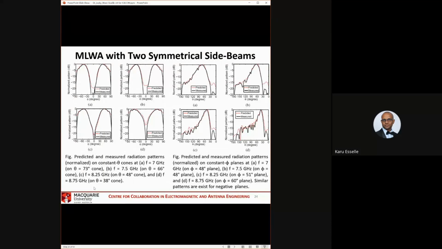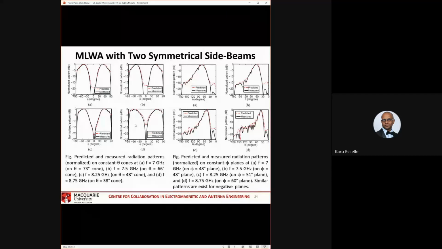At the highest frequency, the beam peak is at this one. The beam peak is at theta equals 38, which is also shown here, and phi equals 60 degrees. That is this cut, and this peak is at 60 degrees.